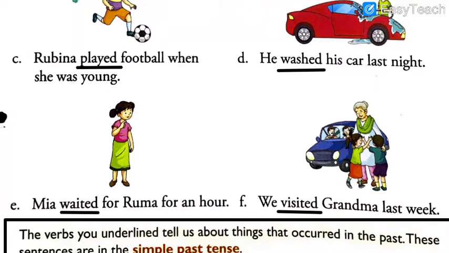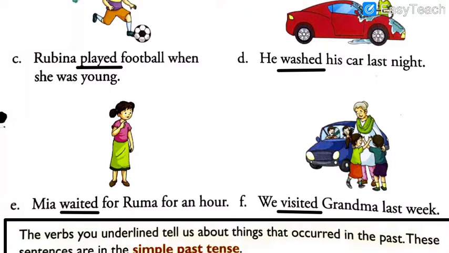So these sentences are therefore in the simple past tense. And the table I gave you, the middle column, is of the simple past tense. Just have a look if you have the rough book. If you have written the table, the column in the middle part was simple past. That means that column shows the verb in the simple past tense. So now I hope you have got at least 50% of the idea of what is past tense.